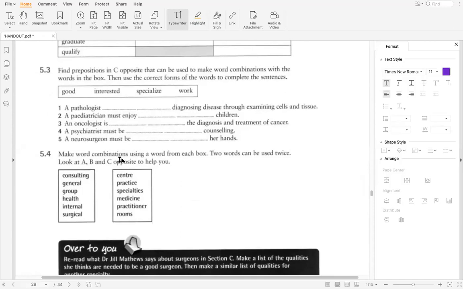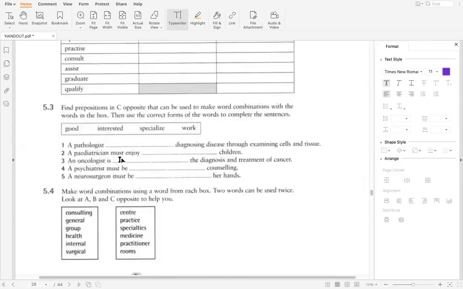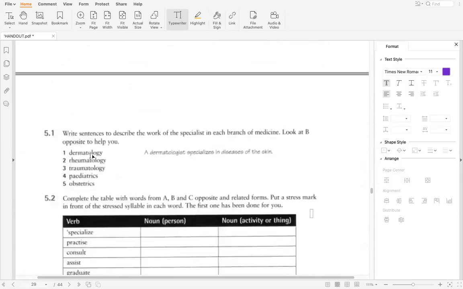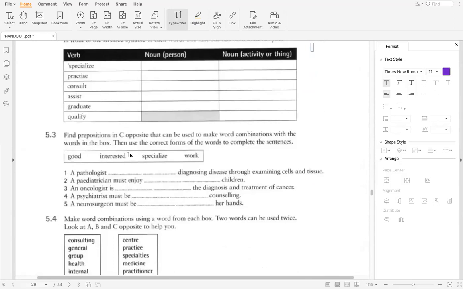Let's move to the next exercise. Find prepositions in C that can be used to make word combinations with the words in the box. We have good, interested, specialize, and work.